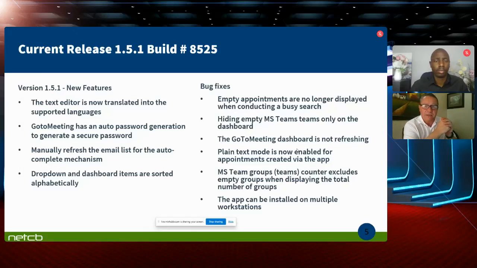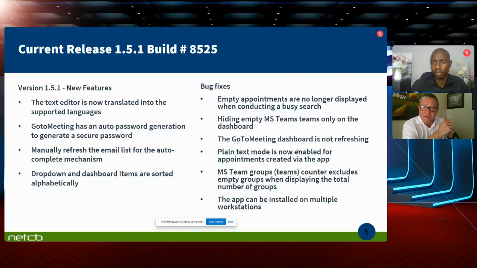This is now integrated completely into the GWVC technology and our add-on. So that's not a problem anymore. It's automatically populated when you send out that meeting request. And things such as the dashboard items are now nicely sorted alphabetically.